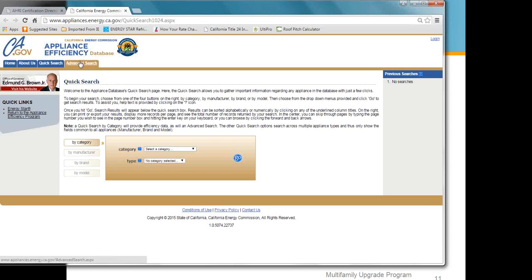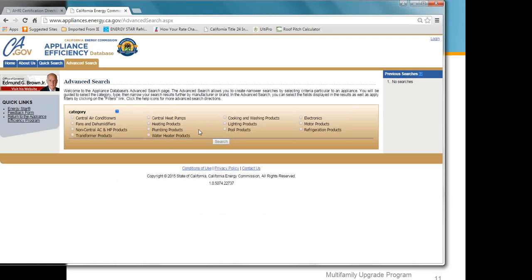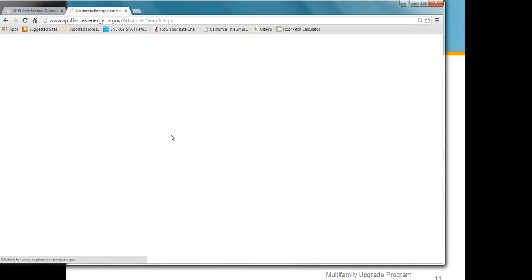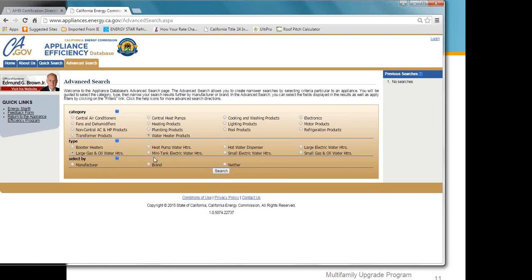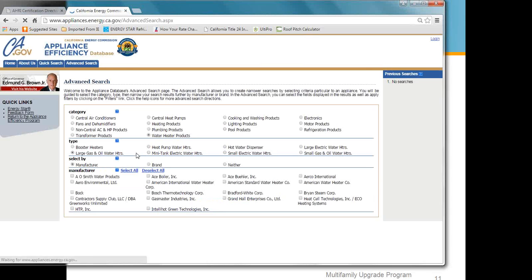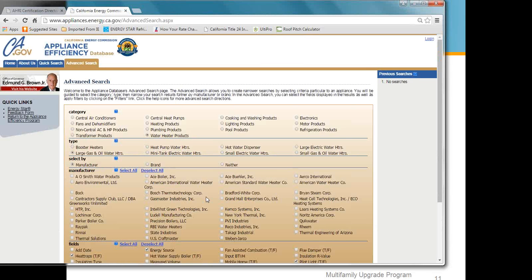On the CEC appliance database, you have a quick search that you can do by category, manufacturer, brand, or model number. And then you have the more advanced search that, when you start selecting whether it's large or small water heaters, you can see how it opens up and you have more of a selection to choose from.